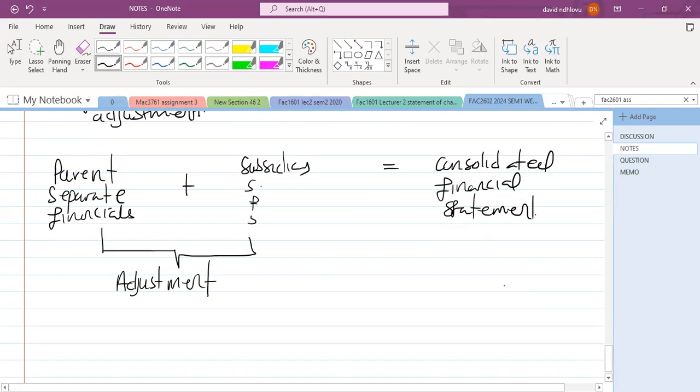So I'll create the separate financial statements for that. But I have an investment in the subsidiary as well. It is important for me to know how well I did in that company with my 80% investment. So I will calculate the separate financial statements there, and I will know whatever profitability and statement of financial position is there, of which I own 80%.